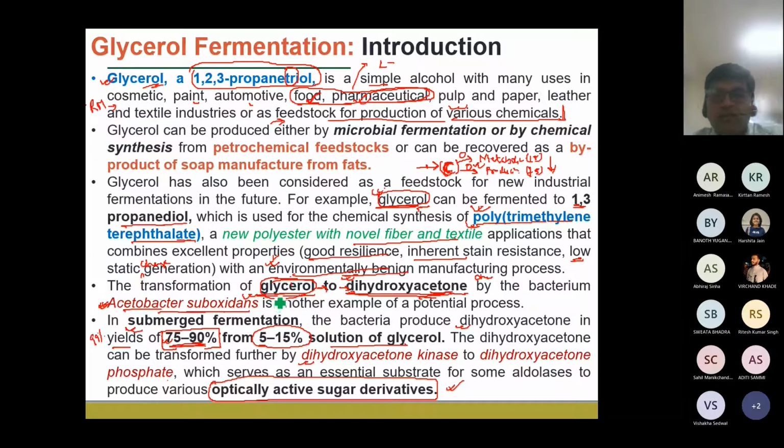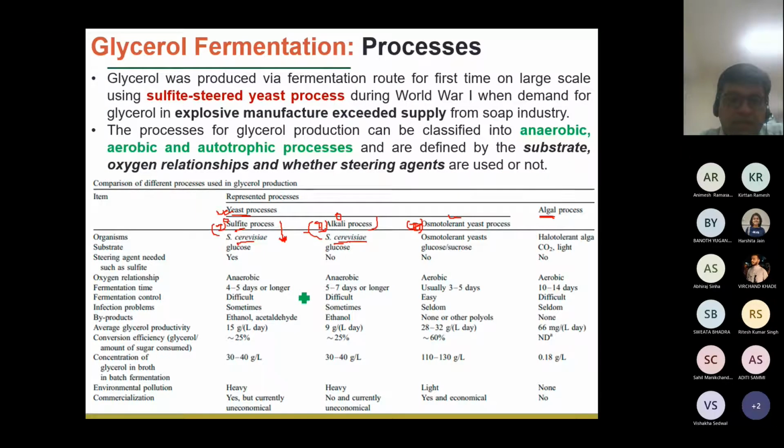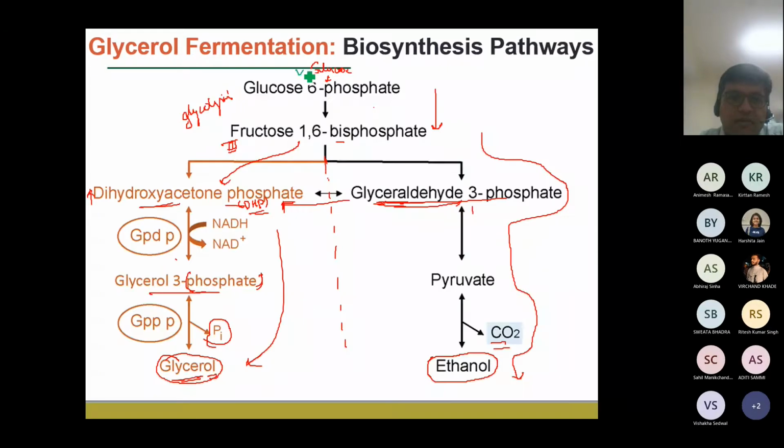So those are the different ways we can improve the production of glycerol. And if you look into the biosynthesis pathway, which we have looked into earlier, we start from glucose, then glucose 6-phosphate, then fructose 6-phosphate.